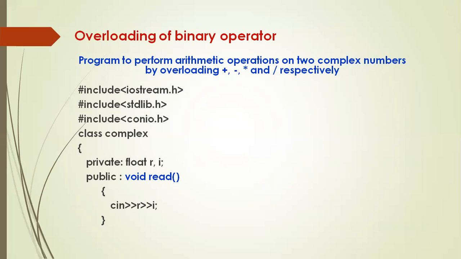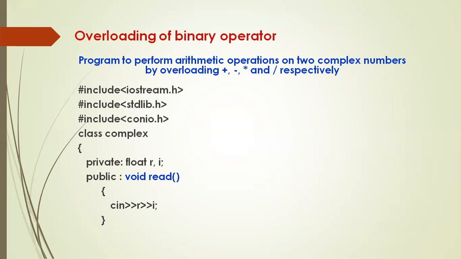In our previous class, while overloading plus plus to find the next date, I made the operator function a member function. But just for a change, I will illustrate how an operator function can be made a friend function. So here I will write all four operator functions for overloading plus, minus, star, slash as friend functions.